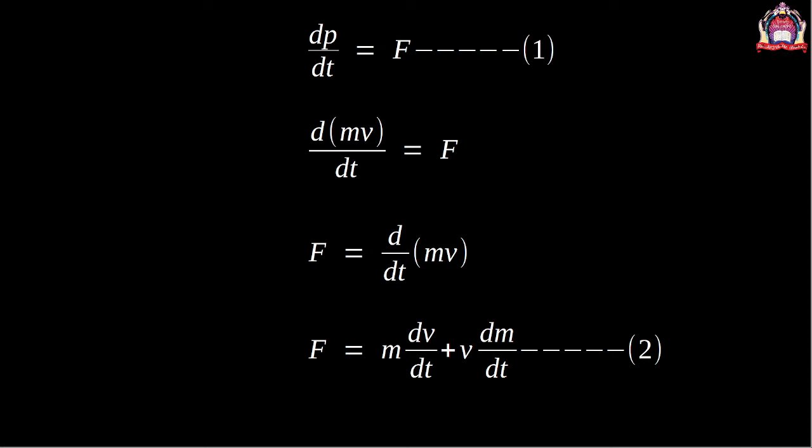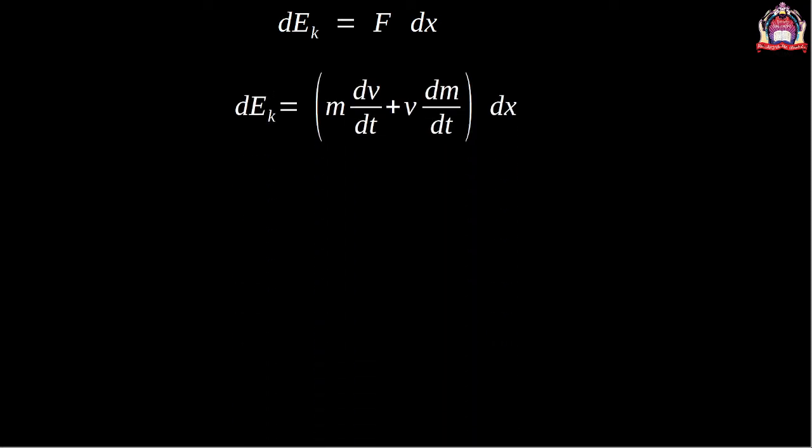Let the force F displace the body through a distance x. Then the increase in kinetic energy dEk of the body is equal to the work done, F dx. Hence dEk = F dx. Substituting the value of F, we get (m dv/dt + v dm/dt) dx.